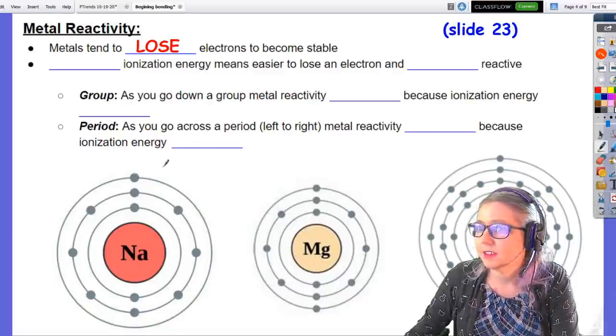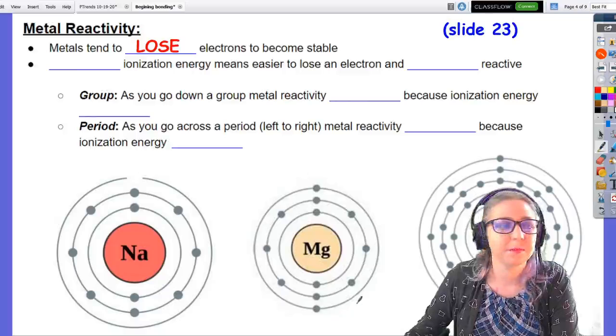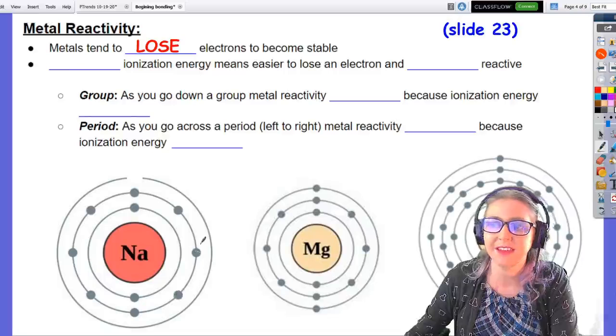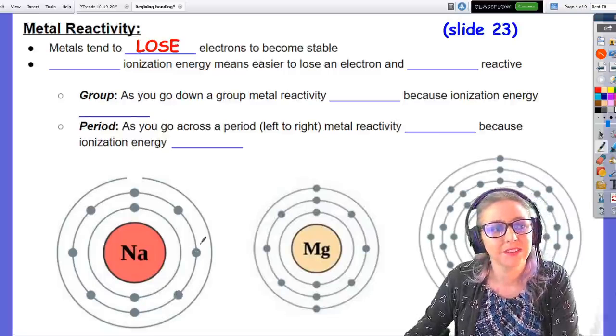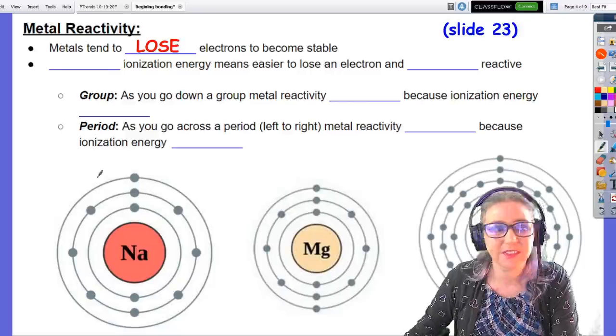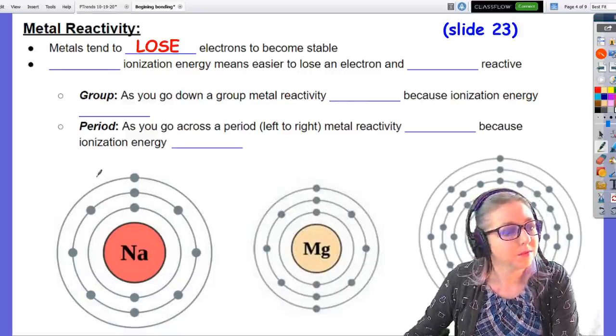It can just get rid of that guy. Because if I get rid of that guy, then I have 1, 2, 3, 4, 5, 6, 7, 8 electrons on my outermost ring. So my sodium has 2 choices: gain 7 or lose 1.